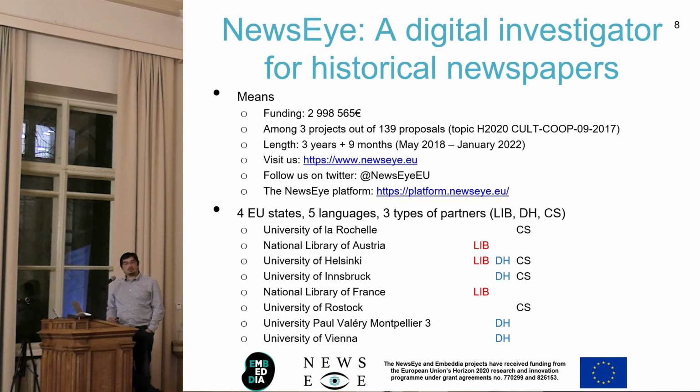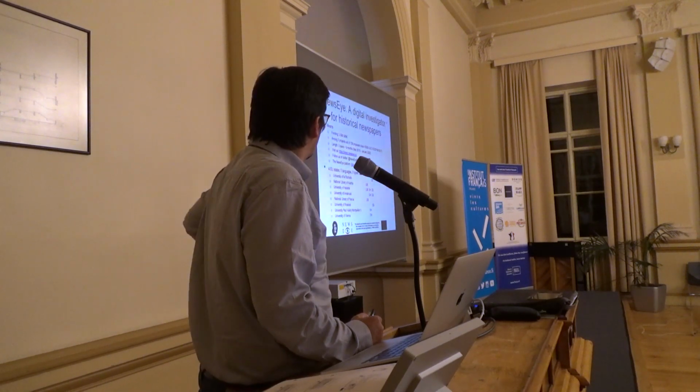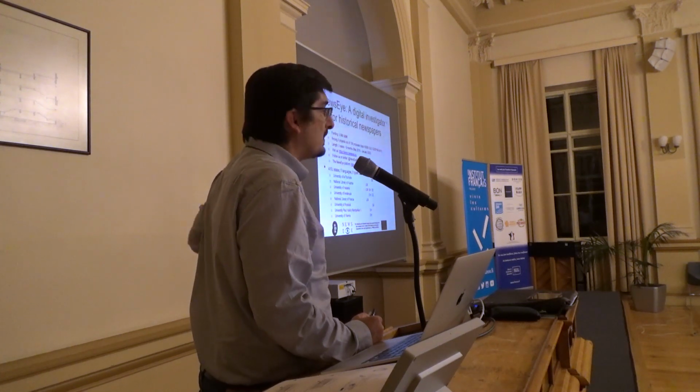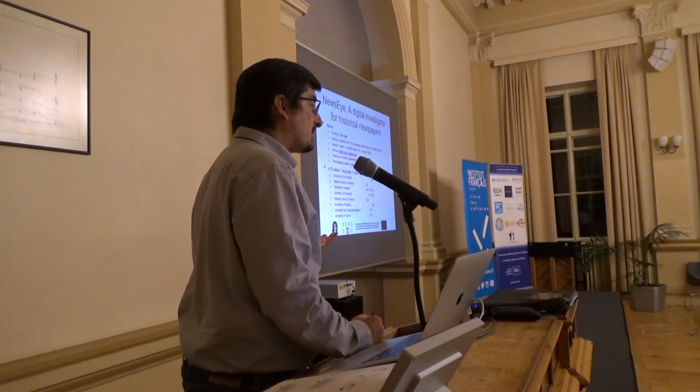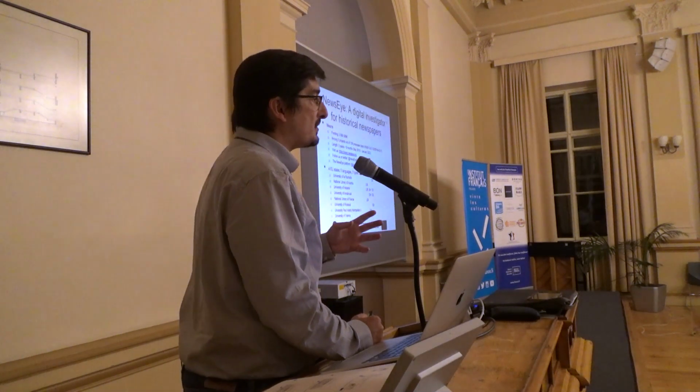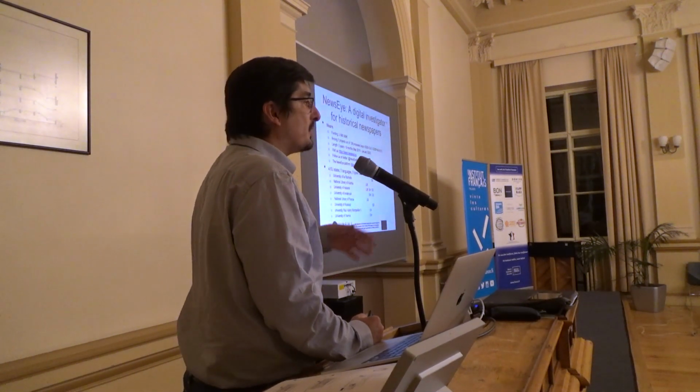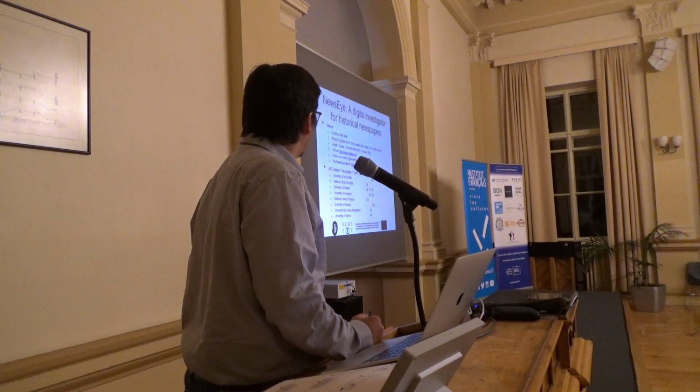So we were really the core of the project, and we had three types of partners: national libraries, three of them, Austria, France, and Finland, computer science groups, and digital humanities groups, historians, researchers in literature, and so on.